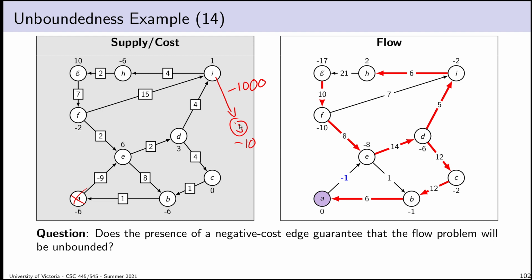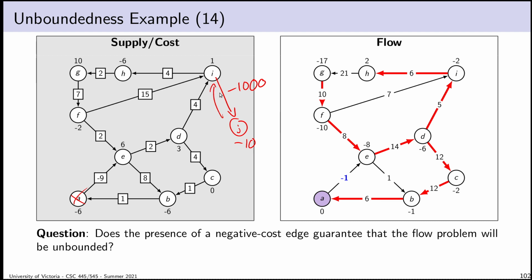Given the way vertex J is situated here, there is no way for flow to ever leave vertex J. And that means that the most flow I can ever send along this arc is 10 units. Because if I sent more than 10 units, balance would not be maintained. And of course, I can't send flow in reverse.